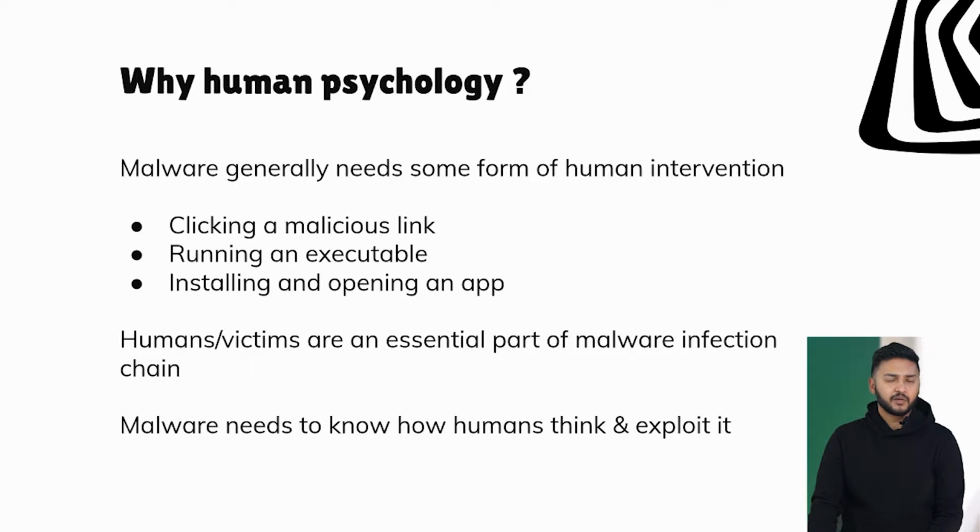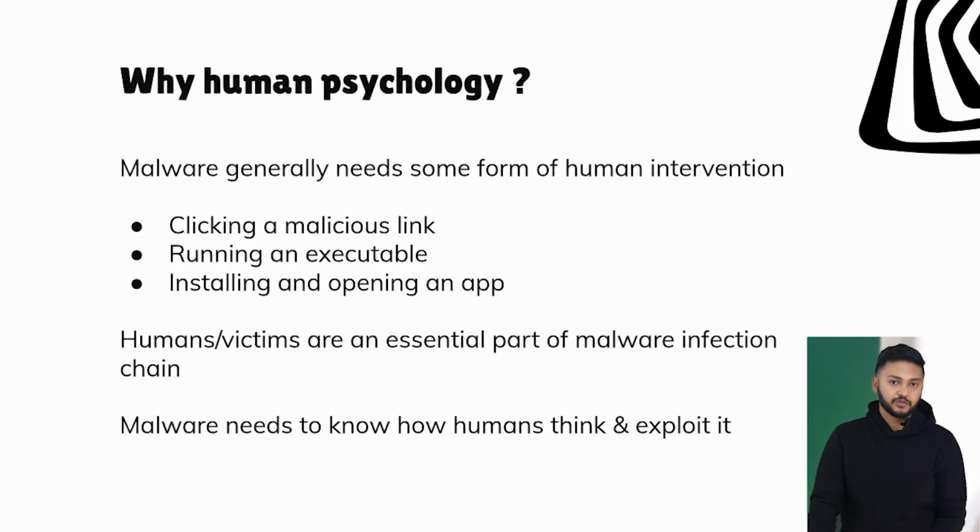Now you might think, why does human psychology play a vital role in malware design? Humans are an essential part in a lot of malware infections. Human intervention is needed at one step or the other to make a malware effective.